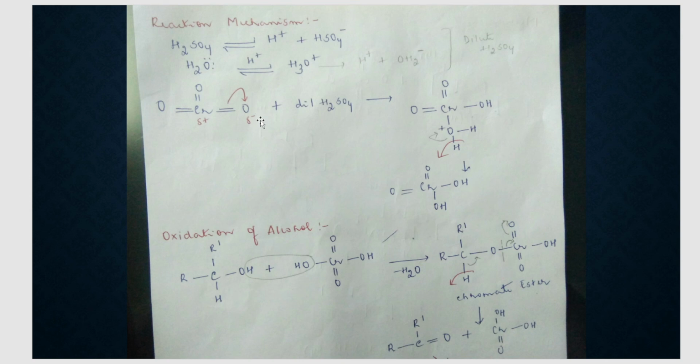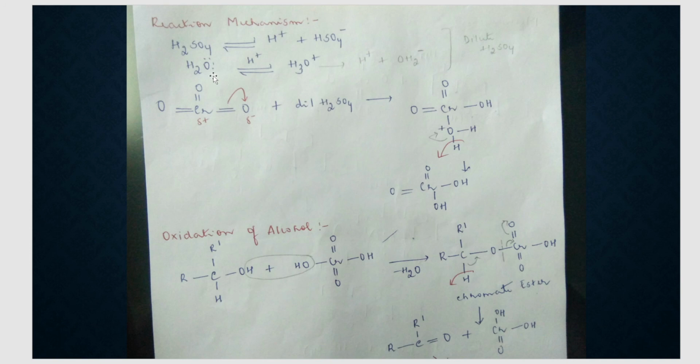So this oxygen will have a negative charge and this chromium will have a plus charge. Now, since this oxygen has a negative charge, and H3O plus got dissociated to give H plus and H2O, this H plus will come and attach to this oxygen to give OH. And here there's a plus charge. In water, oxygen has two lone pairs of electrons.